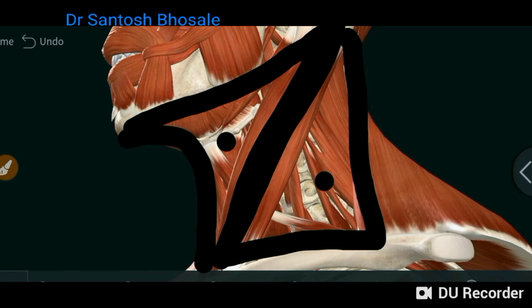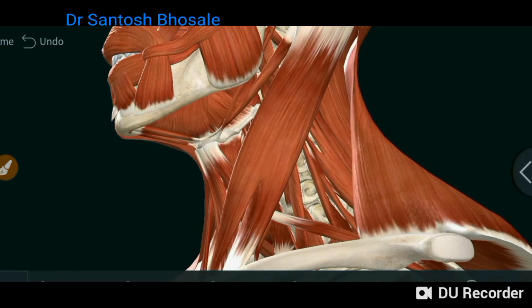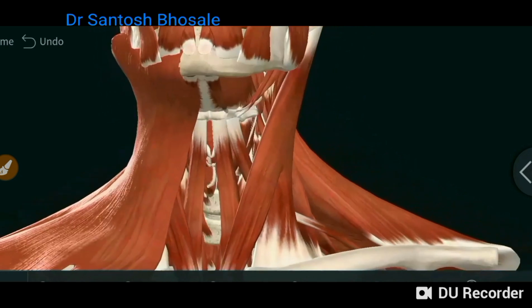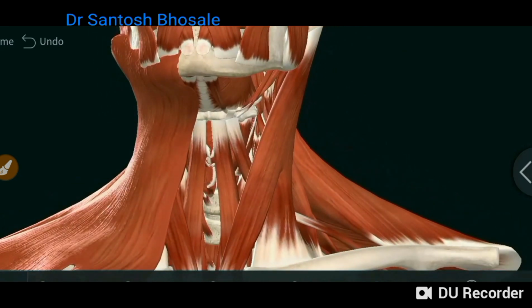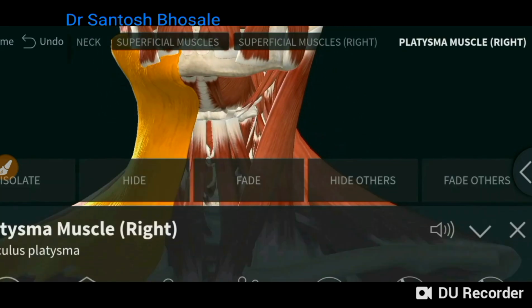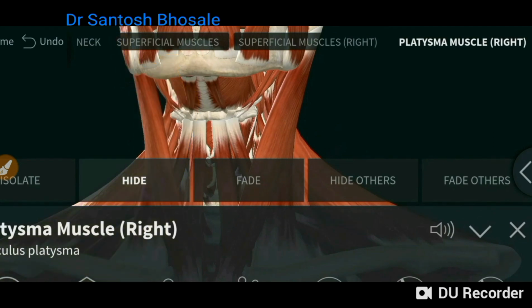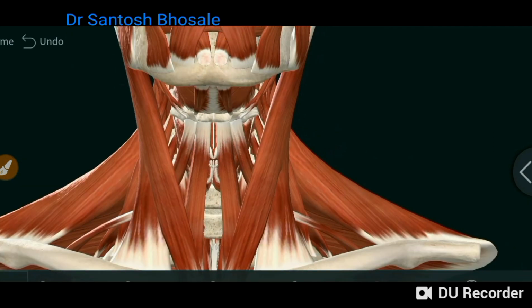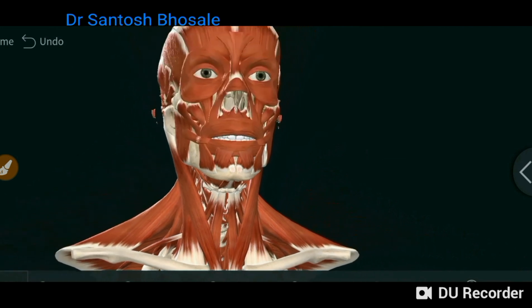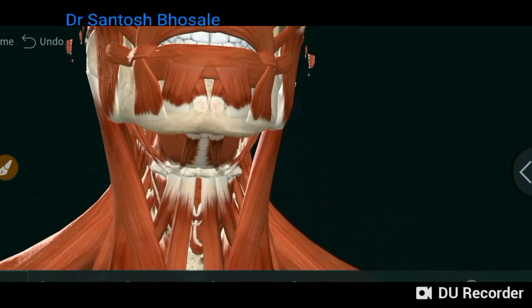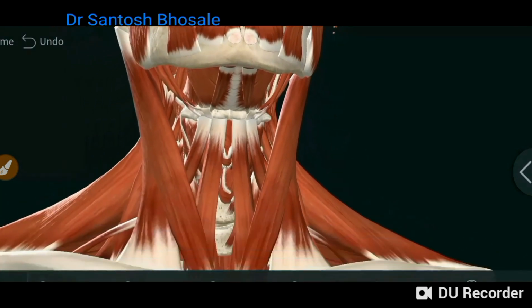And here you can see how the sternocleidomastoid muscle is dividing the lateral side of the neck into two triangles, anterior and posterior. You can see that is the platysma muscle on the right side. So, here you can have the bony and muscular boundaries of a broader anterior triangle.